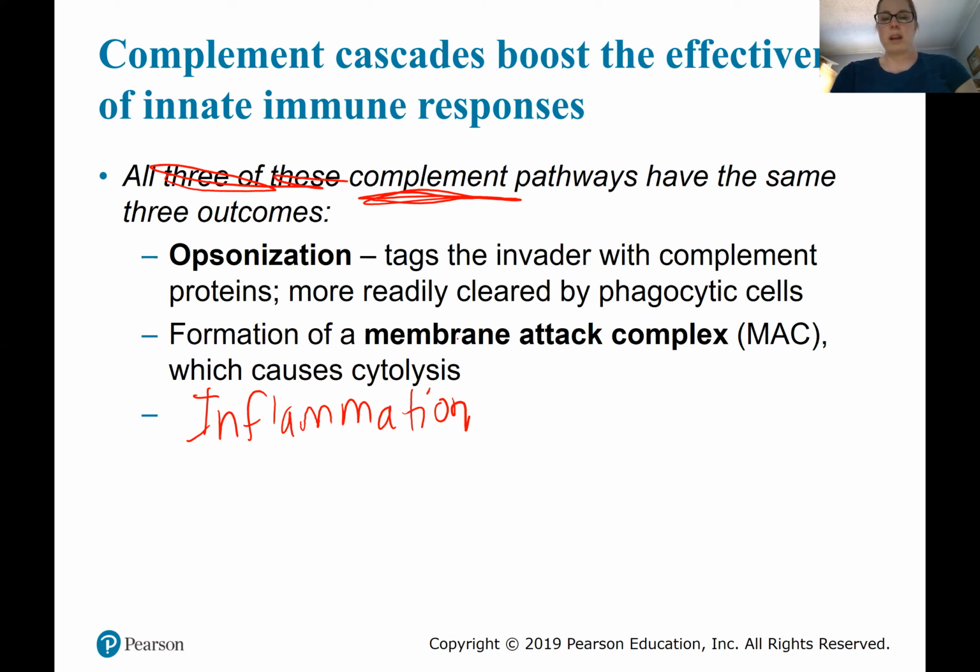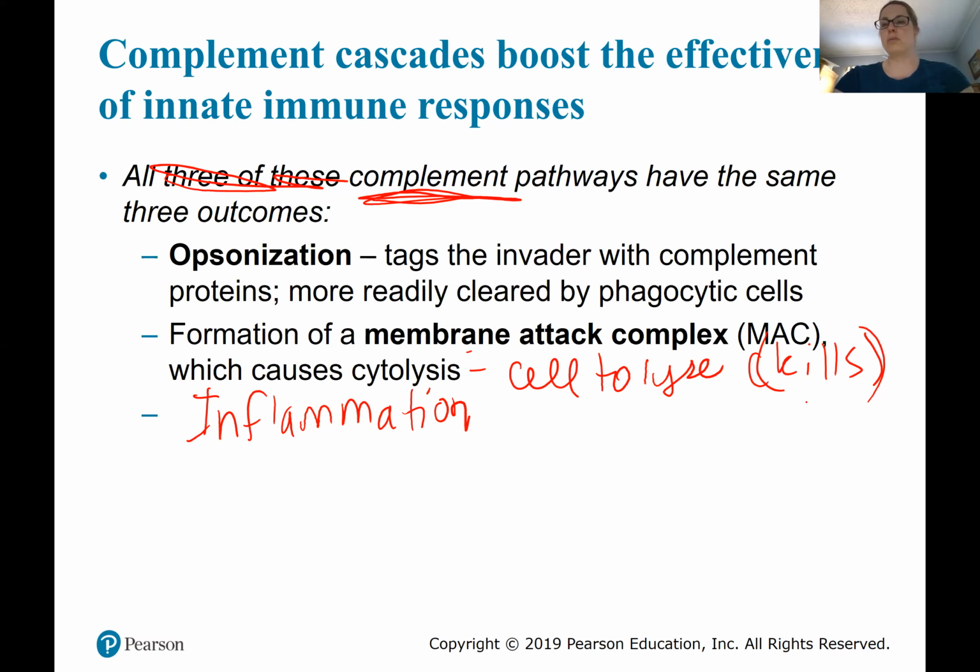A membrane attack complex, which causes the cell to lyse, basically kills the cell. Okay, whether it's a bacterial cell, an infected tumor cell, or whatever. So complement is going to stimulate inflammation. It can kill a foreign or infected cell.